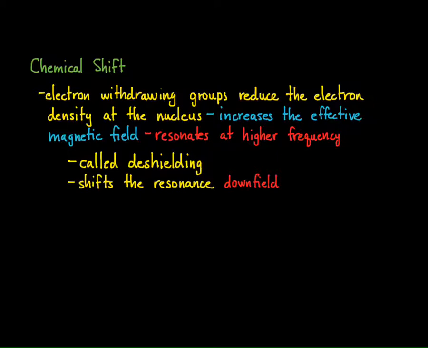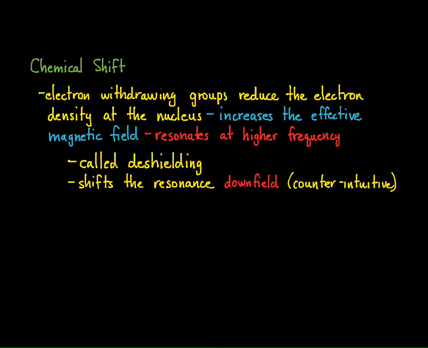Now, oftentimes when we think of down, we think of, oh, okay, it's going to a lower number. No, it's actually going to a higher number. So downfield refers to, if you were looking at a spectrum, going to the left, going to the left-hand side of the spectrum. So this is a little bit counterintuitive and takes a little bit of getting used to. Downfield means going to a higher chemical shift, right?